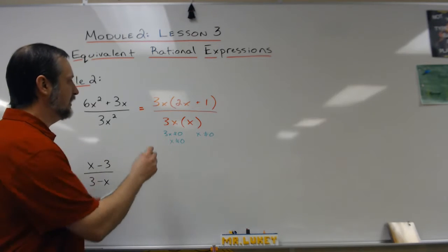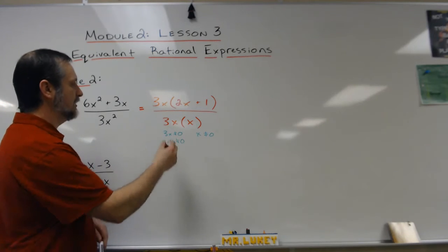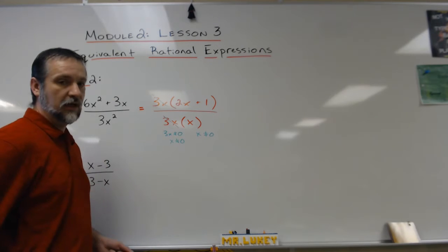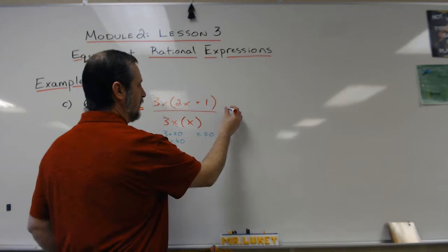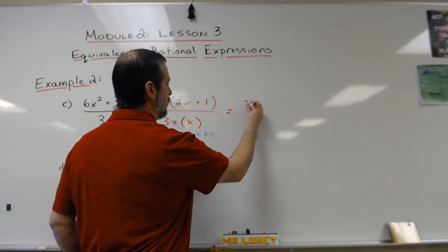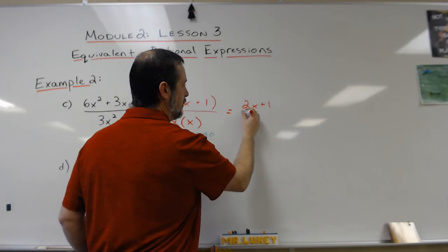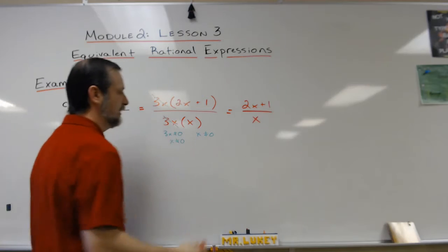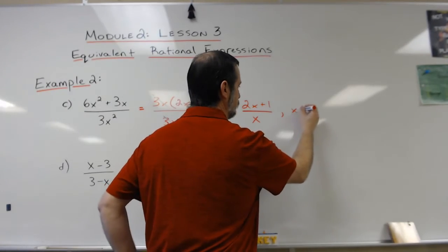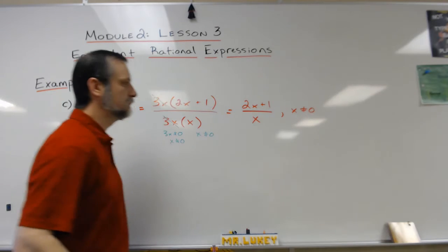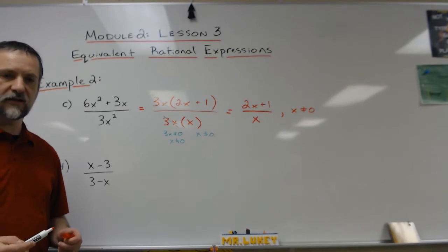I have 3x times divided by 3x times. I can cross off my 3x's, and I am left with 2x plus 1 over x, again, where x cannot equal 0. So there we go. That is going to be example C.